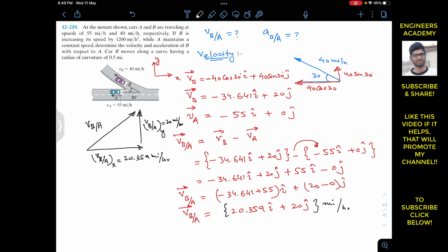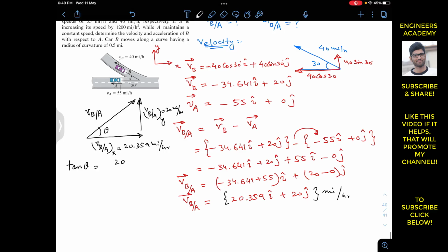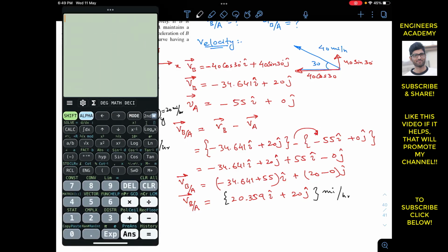Now if you want to find the angle of this VBA with the horizontal, let's say this angle is theta. Then tan theta equals the perpendicular divided by the base. The perpendicular is VBAY, which is 20, and the base is VBAX, which is 20.359. If we take tan inverse, we will be able to find theta.